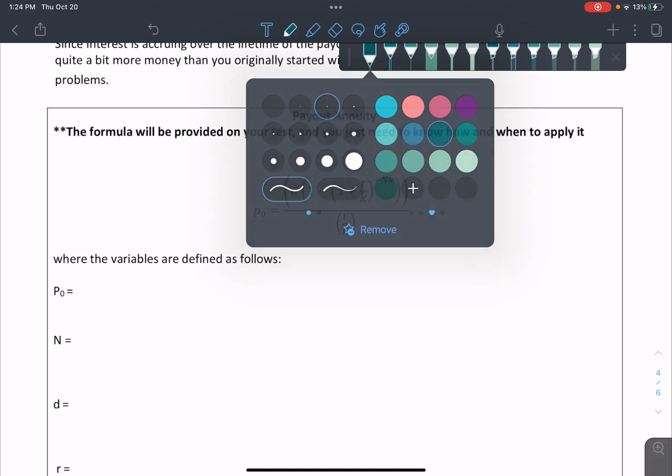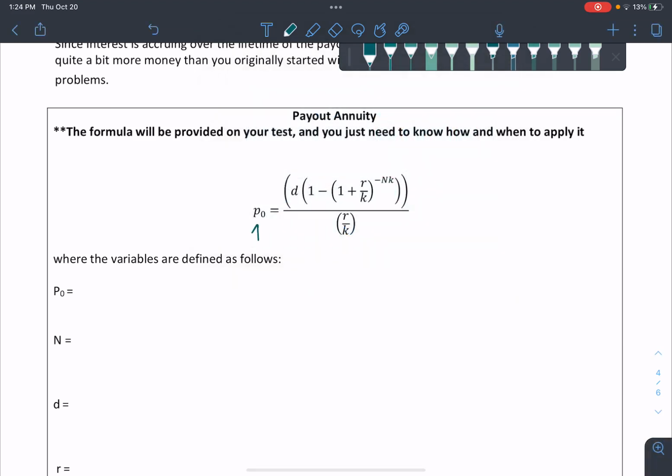Notice that instead of P sub n, we're now talking about P sub 0, which you should remember because this is a variable that we've worked with before. It's the initial amount, and in this case, it's the initial amount in the account basically at the beginning.